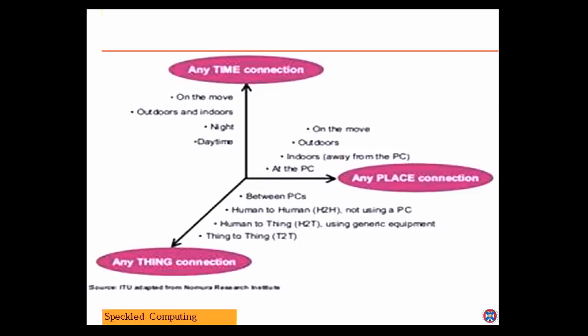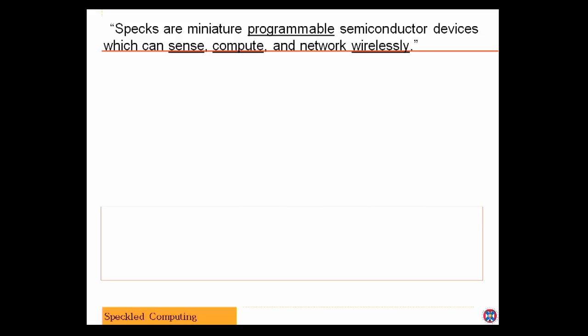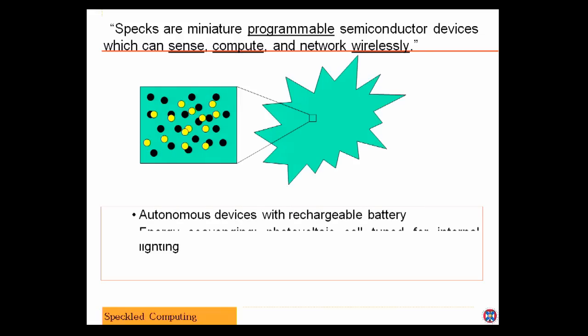What I really wanted to show you is that there are three things which you would find in this terminology being used, that you want to be able to connect anything at any place and at any time. So even if it's on the move, you need to be able to connect all these objects together. So what are these specs?